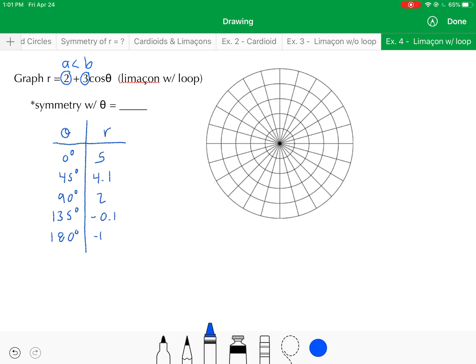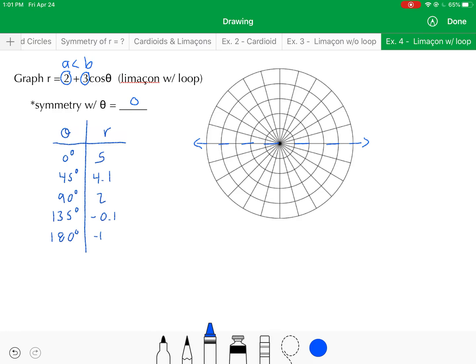And we're back to having cosine in the equation, so my symmetry is going to go back to theta equals 0. And that means I can use the same angle measures that I did back in the example with the cardioid. Okay, so 0, 45, 90, 135, and 180.